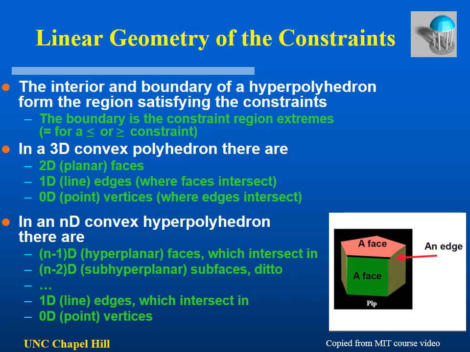The overall object is a hyperpolyhedron that bounds a part of n-dimensional space, and it's bounded by n-1 dimensional hyperplanar faces, so faces that are 1 dimension lower than the dimension of the space.